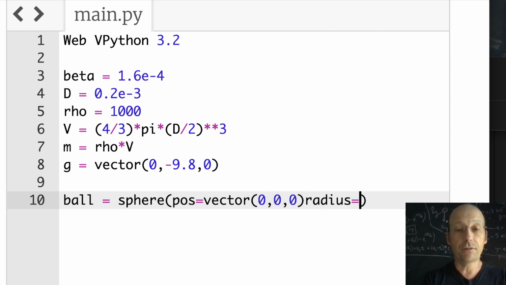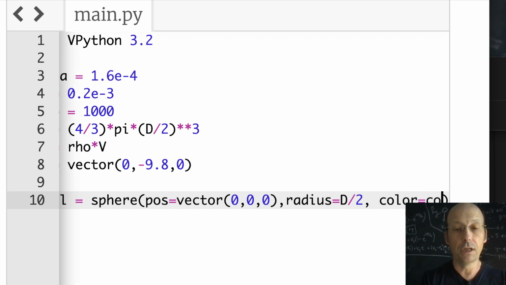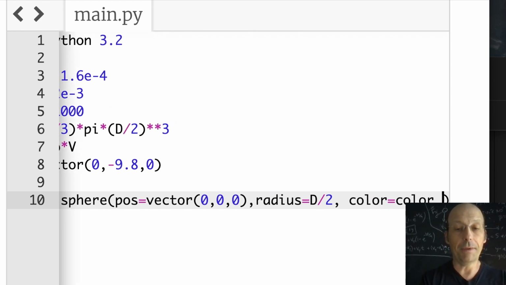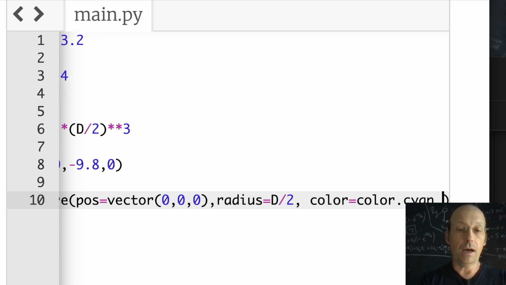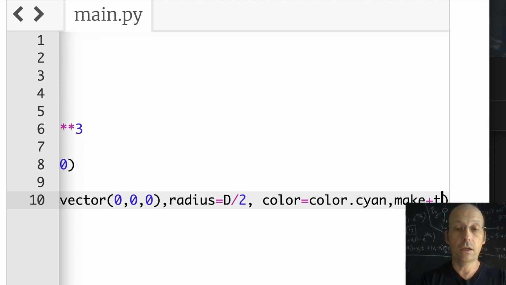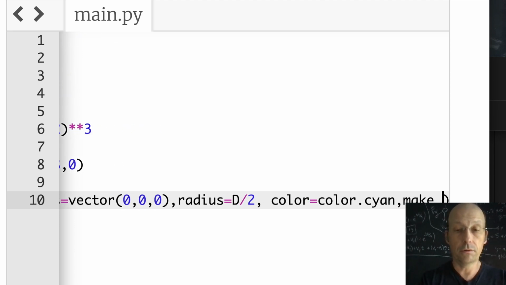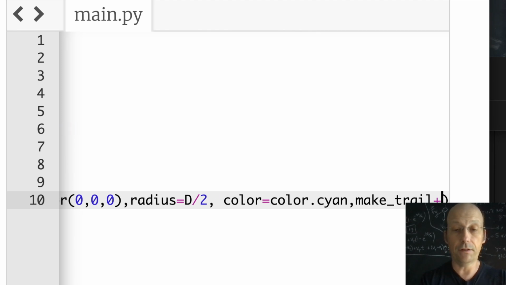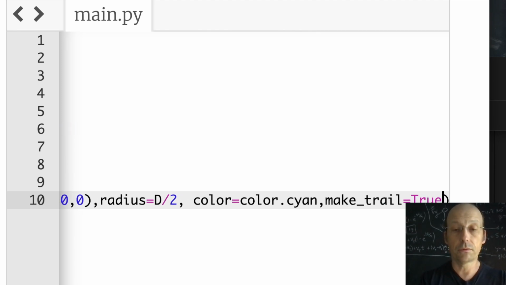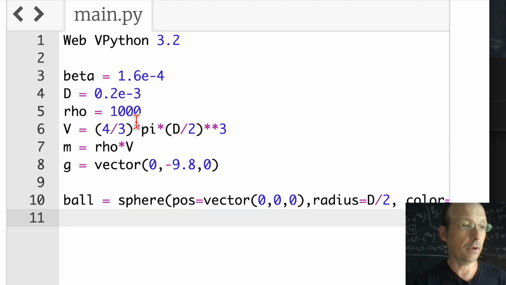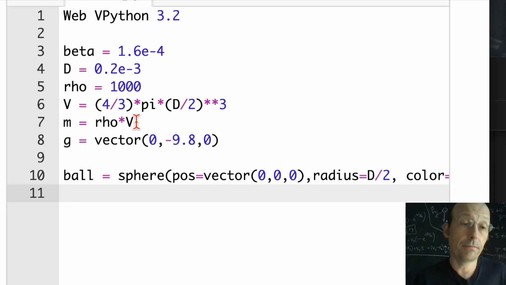Its radius is d over 2, and then I'm going to give it a color, color equals color.cyan. I mean, it's ice. And then I'm going to do make_trail equals true.